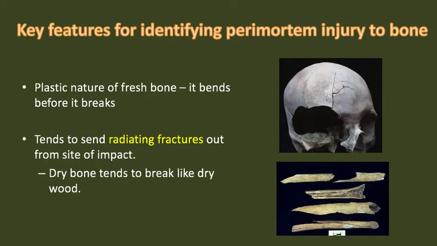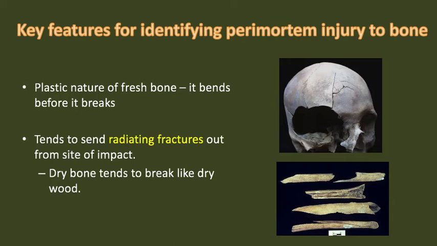Okay, so looking for perimortem injury to bone, basically you have to keep in mind what we mentioned before, that bone has a flexible characteristic where it has the capacity to bend before it breaks. So basically what you can have is evidence of warping.